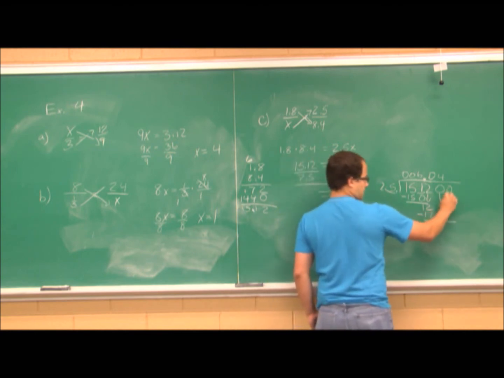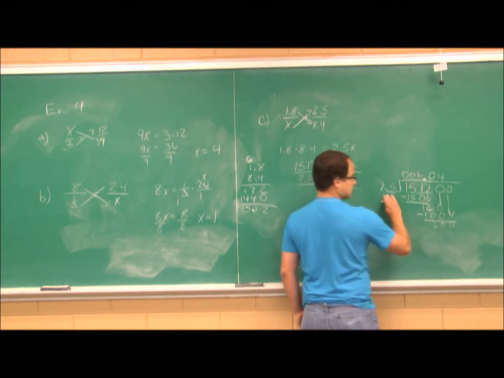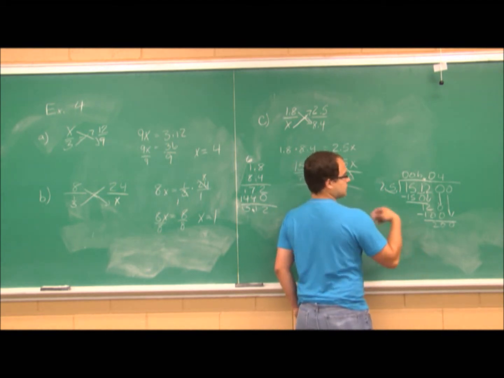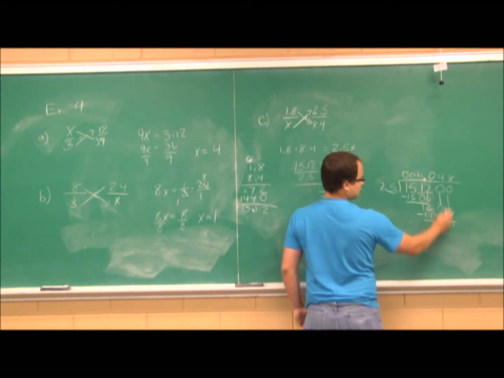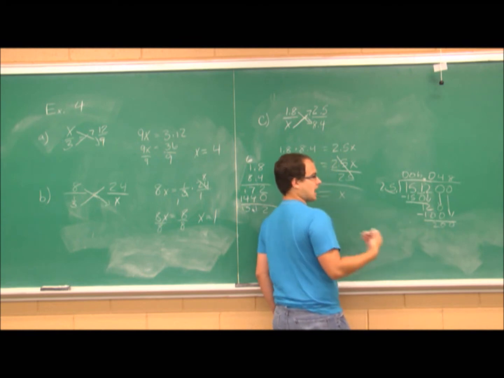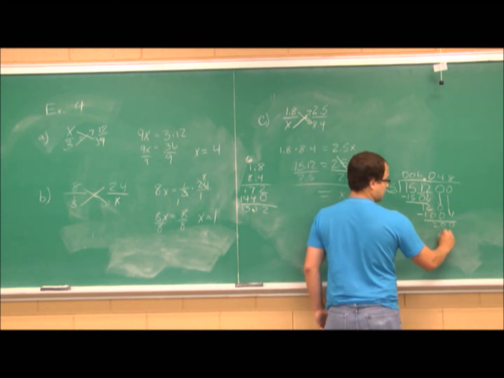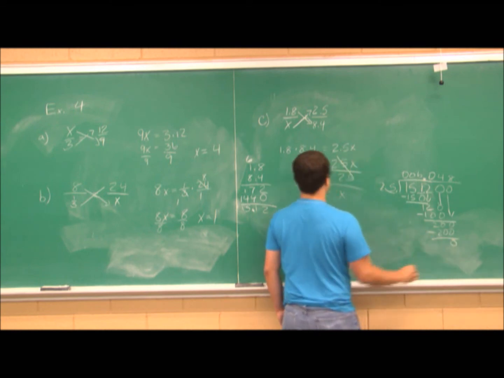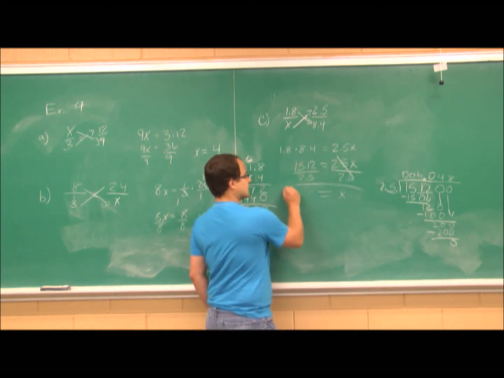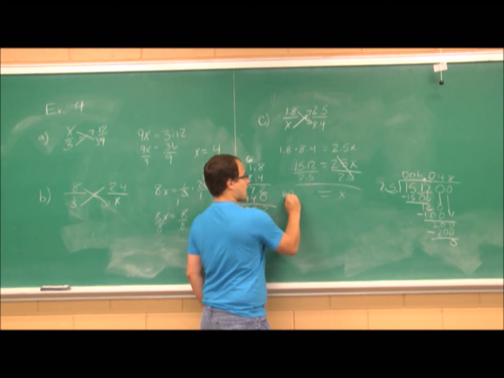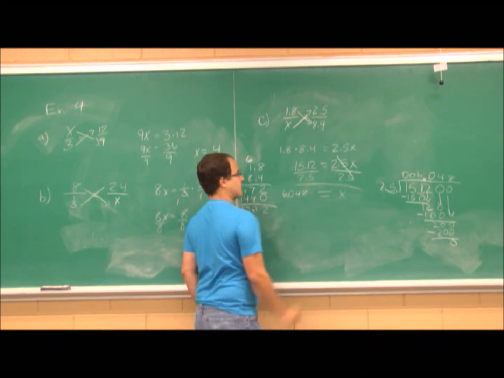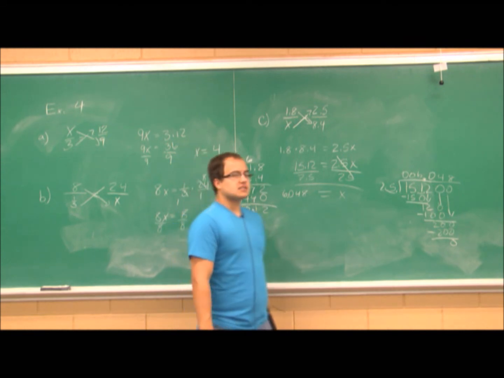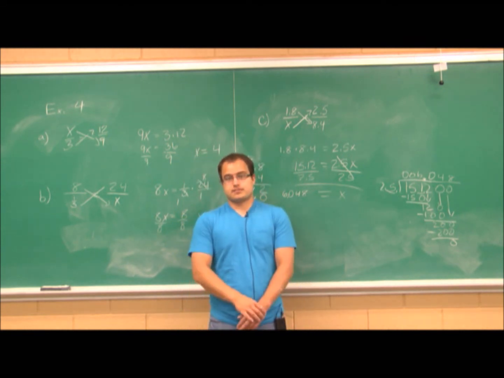Just drop down your 0 first. Does 25 go into 200? Yes. How many times? Well, there's 8 quarters in $2, so 25 goes into 200 8 times. And actually it comes out perfectly even. Subtract, you get a remainder of 0. So x equals 6 and 48 thousandths. And that is how you solve proportions. Thank you.